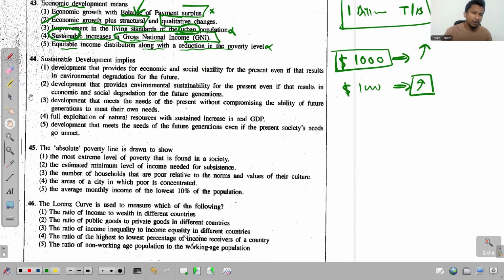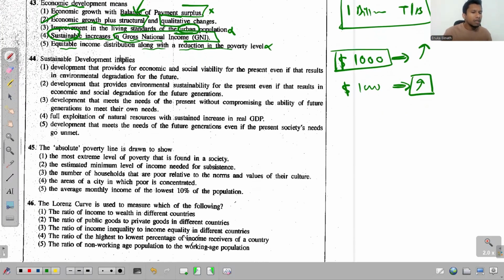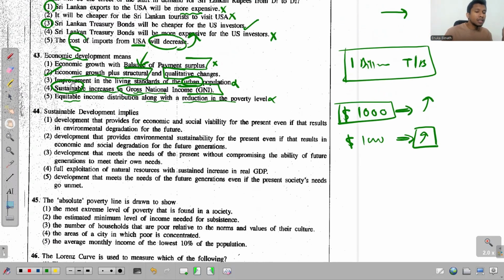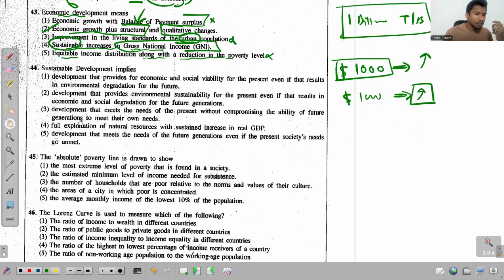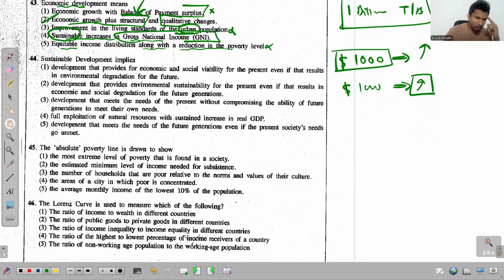All right, 44 now. Sustainable development implies, okay, now we know the previous question was just from economic development, and this is from sustainable development. When it comes to sustainable development, it's more towards preserving resources for future generations and protecting the environment. Those are the main focus areas of sustainable development.